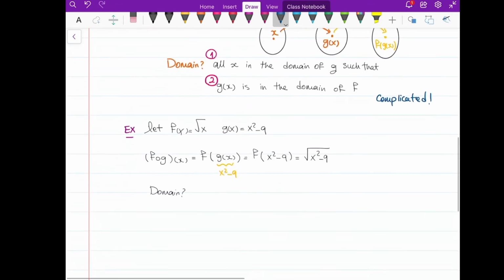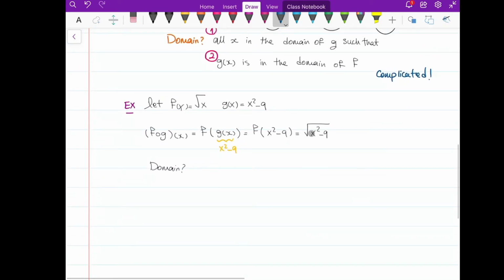Okay, but I'm going to use just a very simple way to find the domain of this function, which is what? I have a square root of something, so for the domain, x squared minus 9 should be greater than or equal to 0. It's inside the square root, it should be non-negative. It's not in the denominator of a fraction, so it can be 0 as well. So I'm going to bring 9 to the other side. I'm going to take a square root of both sides.